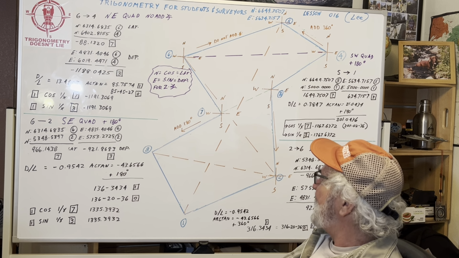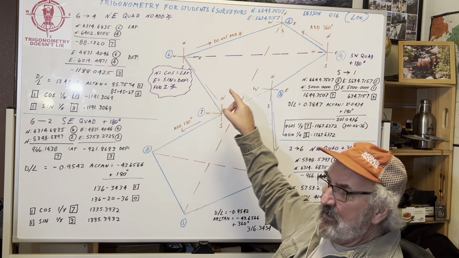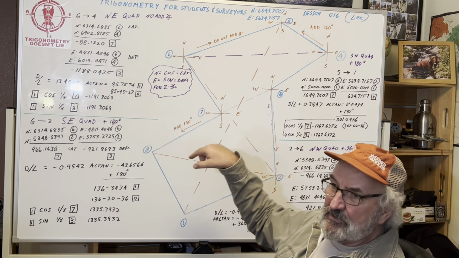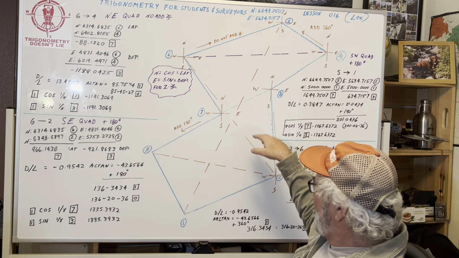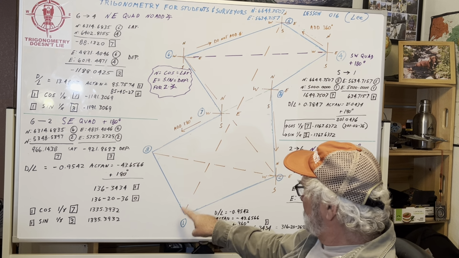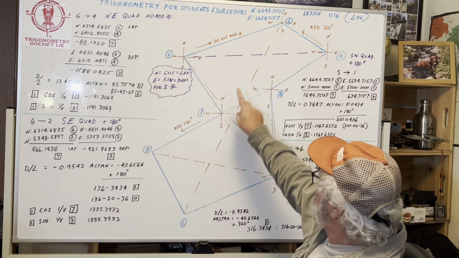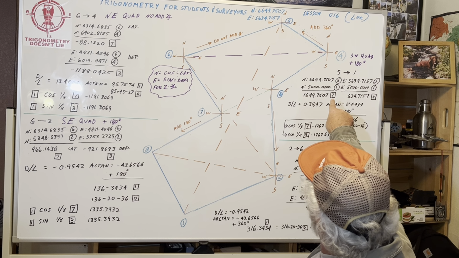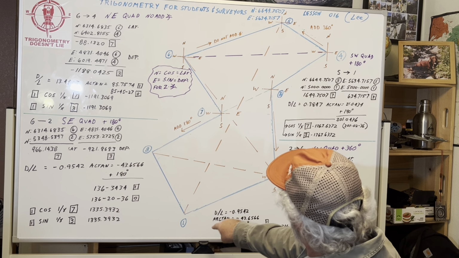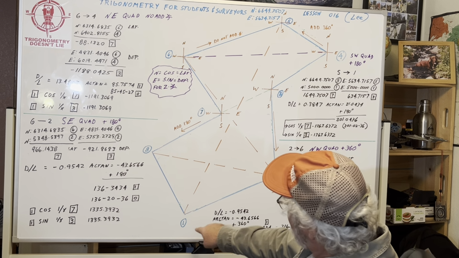A few lessons back, we talked about changing bearing to azimuth and azimuth to bearing. If you're in the northeast quadrant, you don't change anything. If you're in the southeast quadrant, you use 180. So you're at 0 and 360, you go to 90, and in azimuth you come down to 180. In bearing, you come back down to 0.